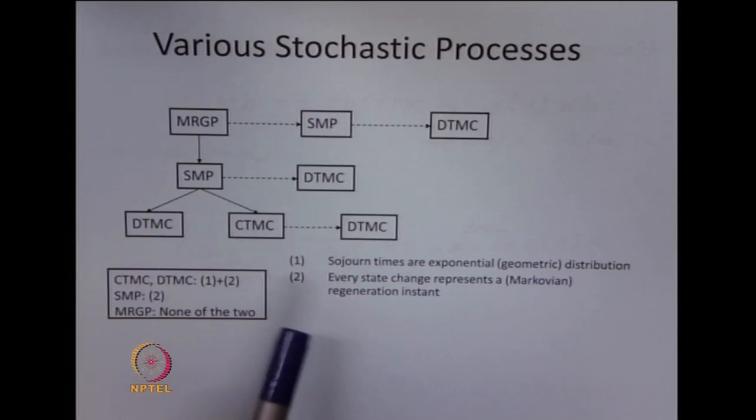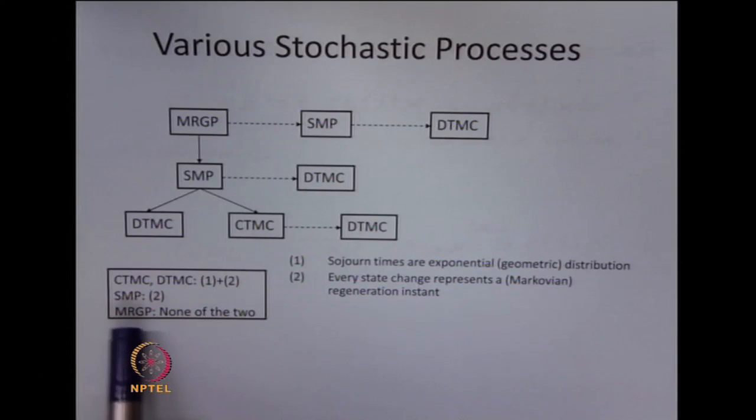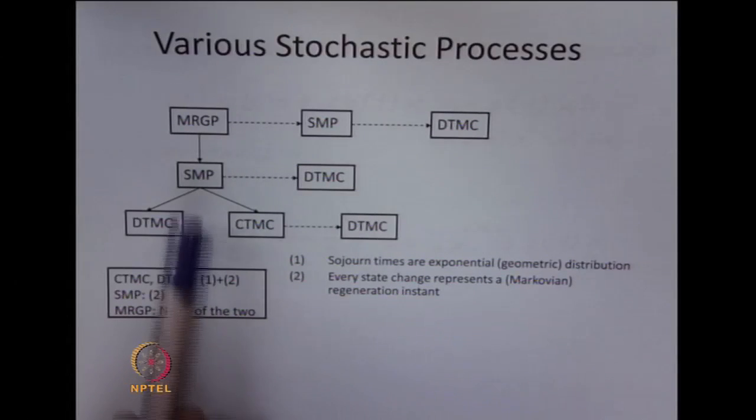If only the property number 2 is satisfied, then it is an SMP. If both the properties are not satisfied, but a few state changes represent a regeneration instant, then the stochastic process is called a Markov regenerative process. So that we have shown in the diagram.